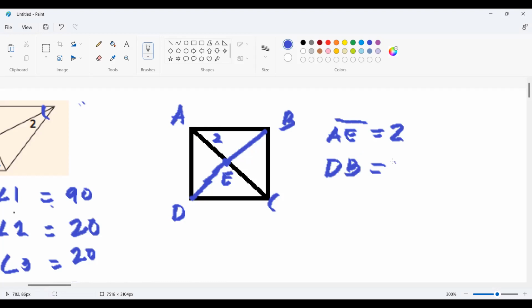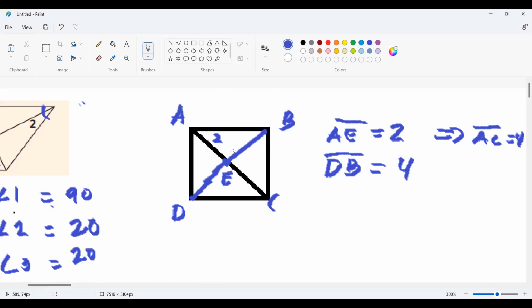It also follows that AC is equal to 4. And remember that the diagonals of a square are equal, so it follows that DB is also equal to 4. Okay?